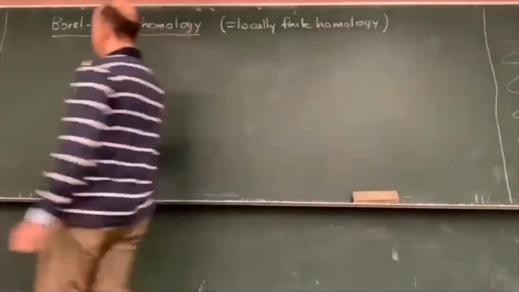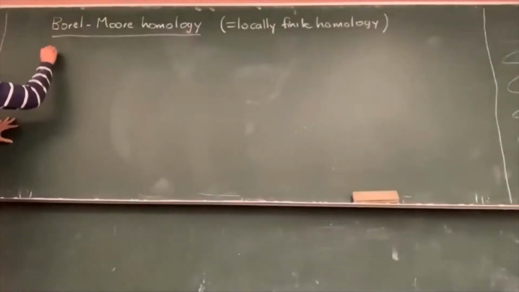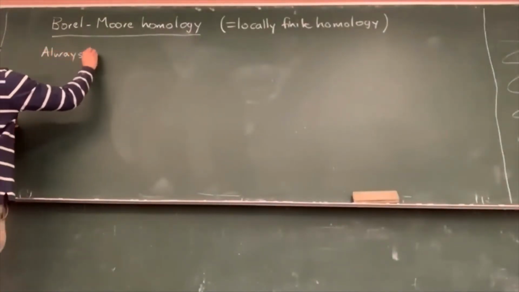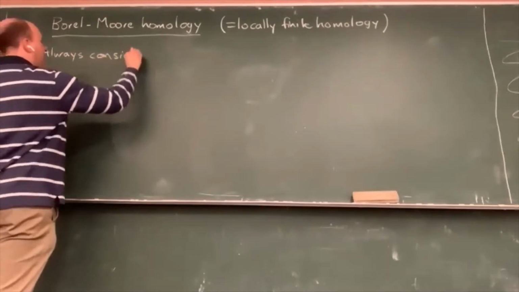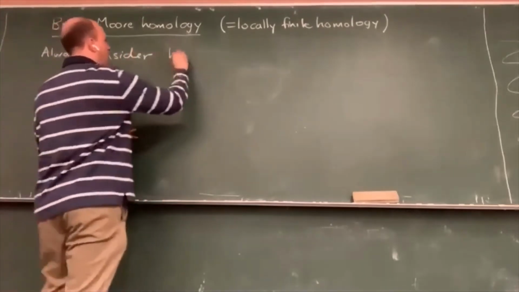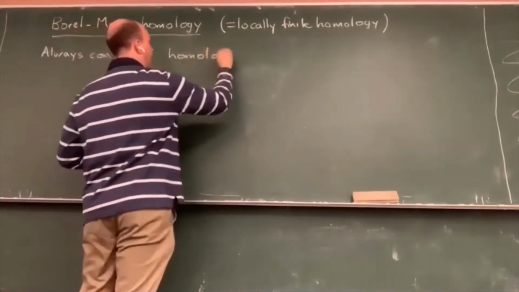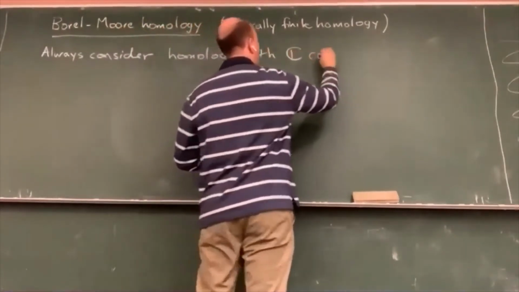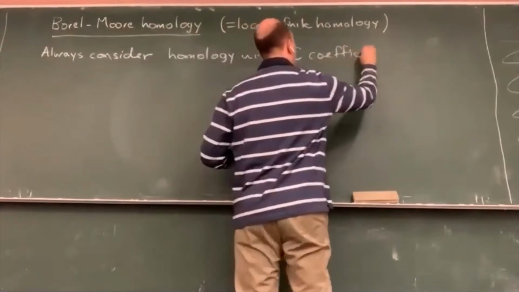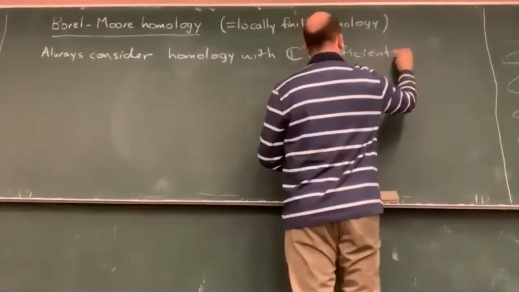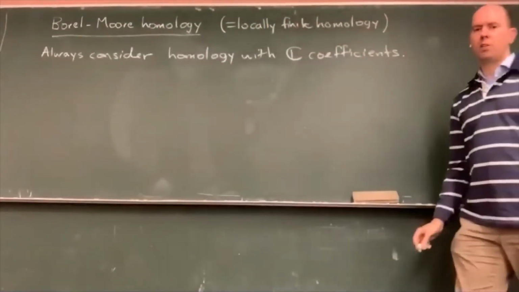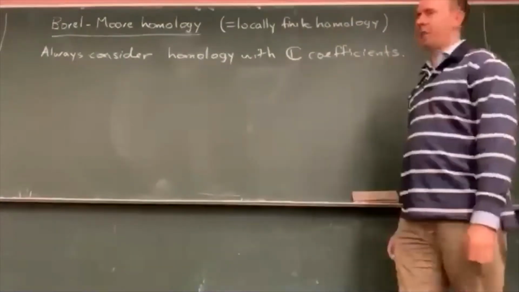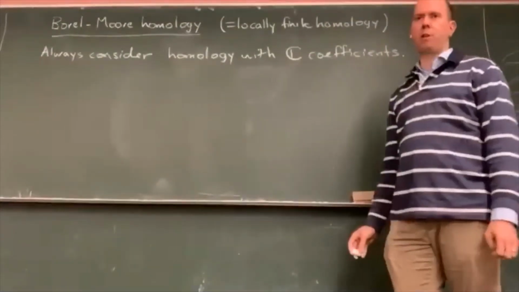Firstly, I'm always going to be considering homology with C coefficients. So ordinarily, when you don't specify the coefficients, it means the coefficients are Z, but in this talk, the coefficients will be C.